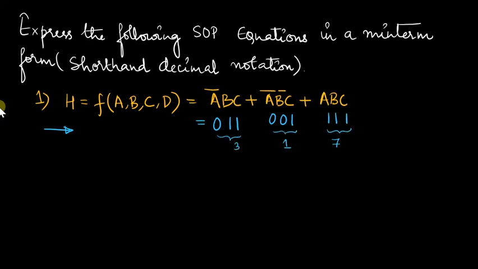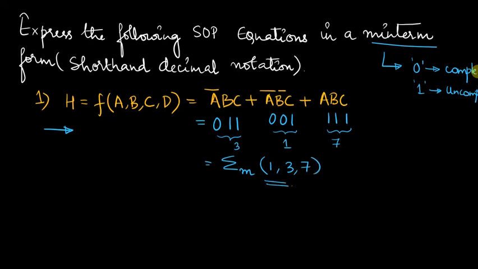In decimal, this is equivalent to 3, 1 and 7. One important thing to be remembered here is that in the case of a minterm, 0 corresponds to the complement and 1 corresponds to the uncomplemented term. So the expression becomes summation lowercase m 1, 3, 7.